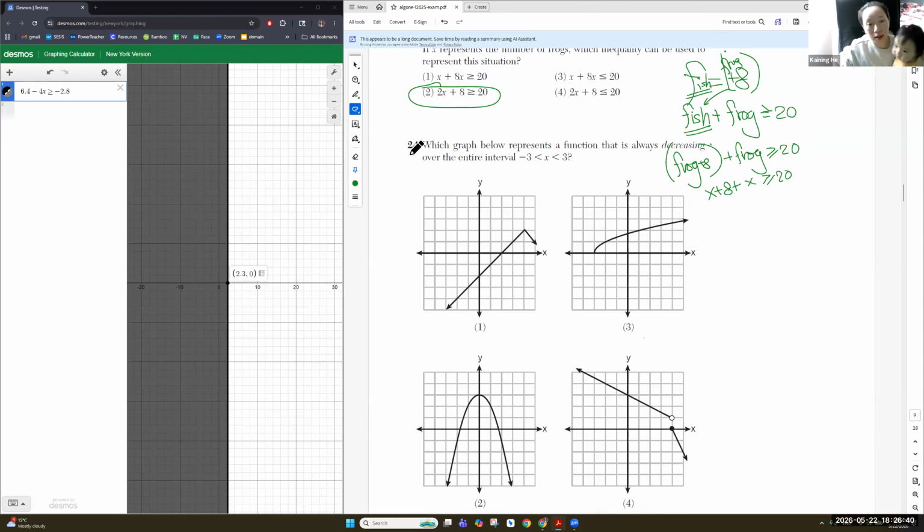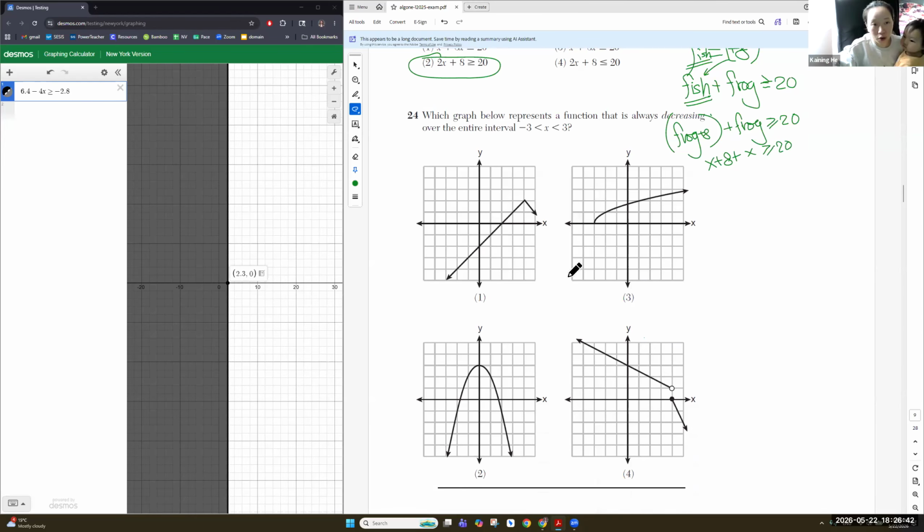Next one. Interval decreasing. From x = -3 to +3, I need a decreasing interval. So from this to this place. Is that decreasing in this picture? No, this is increasing, right? From -3 to +3, is it increasing or decreasing? Increasing. From -3 to +3, which is here, is it increasing or decreasing, going up and down?